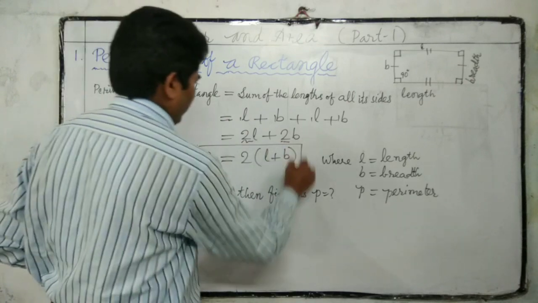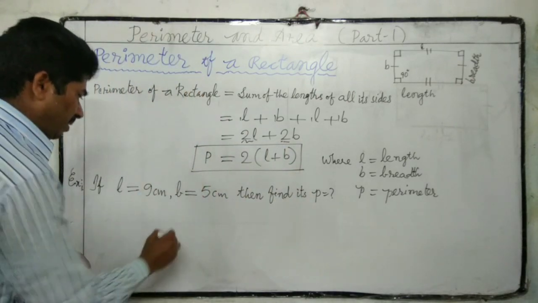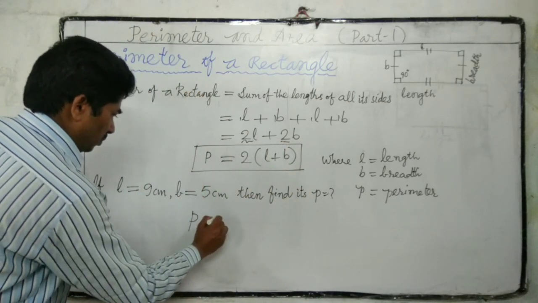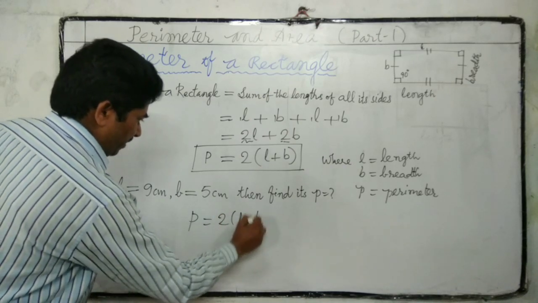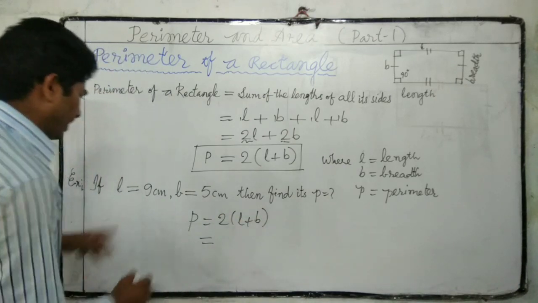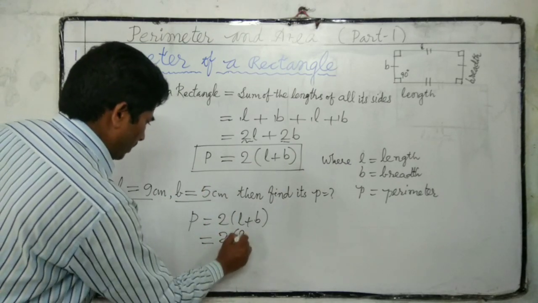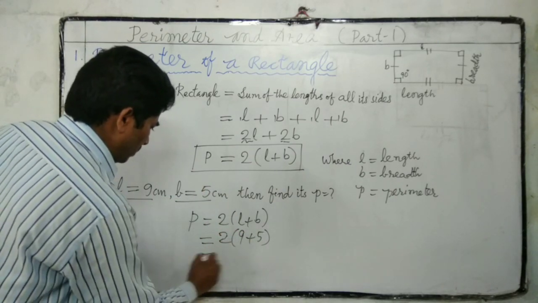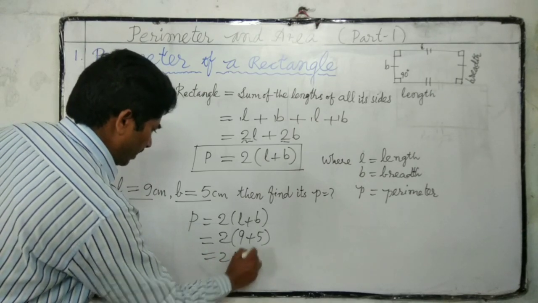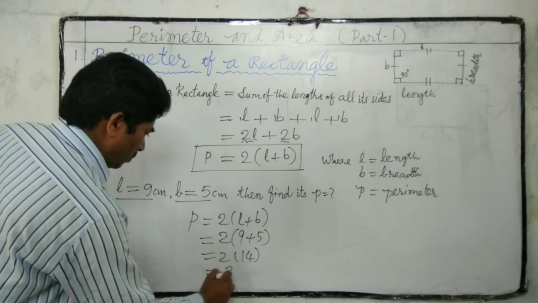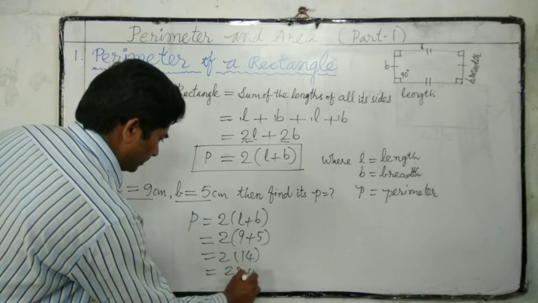This is the formula for finding perimeter. Perimeter P is equal to 2 of L plus B. Here we have L is equal to 9, B is equal to 5. So 2 into 9 plus 5, 2 into 14, 28 centimeters.